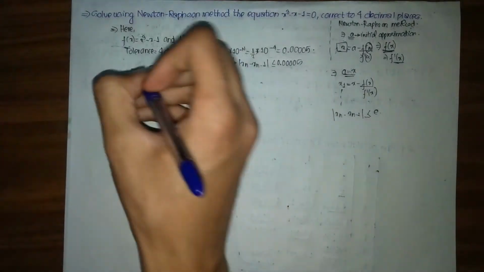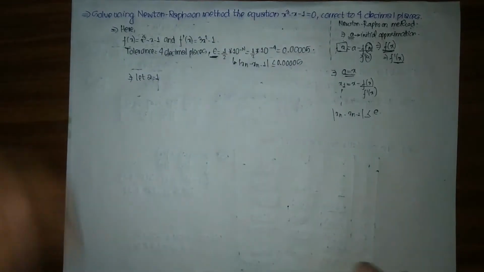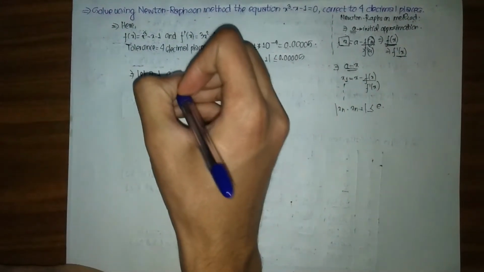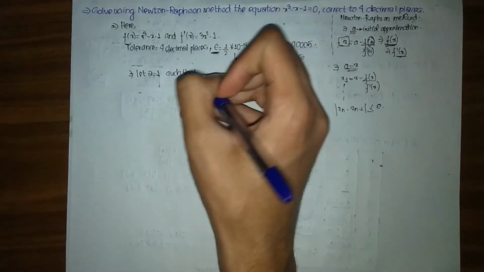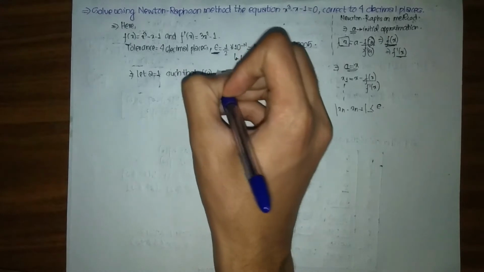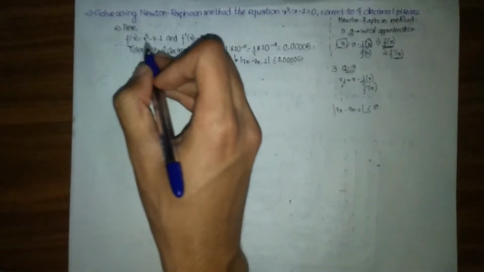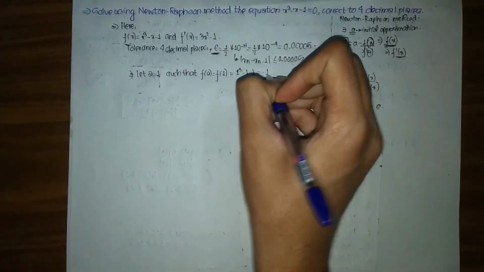Next we have our first approximation. We let a equal 1, so our initial approximation a equals 1, such that f(a) equals f(1). We put the value of 1 in our equation f(x) and get 1 cube minus 1 minus 1, which is equal to minus 1.